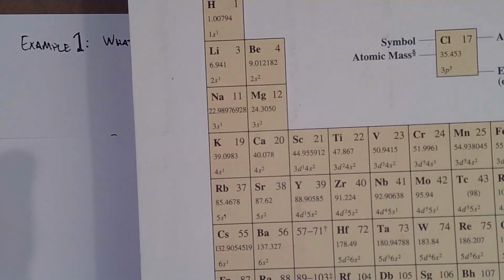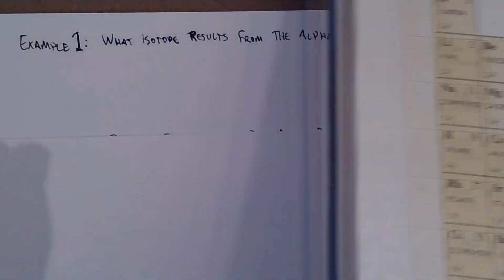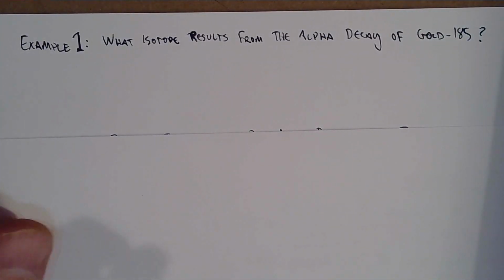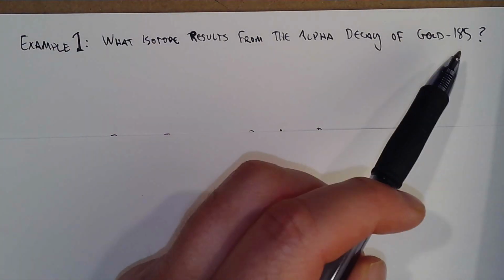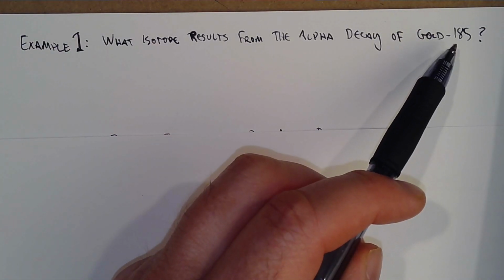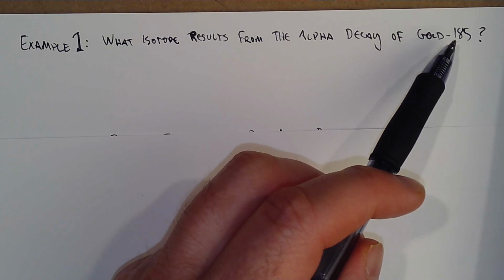My physics textbook actually has a periodic table in it. So a hint for you. When you're trying to find stuff on the periodic table and you don't really know what the atomic number is, like where is gold exactly on the periodic table, start taking a look at the atomic masses. You'll see them listed. Once you find a zone that's around 180 something, you're in the range of around gold. I'll show you what I mean here.